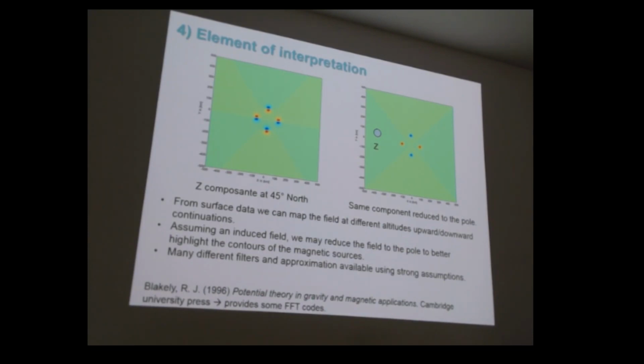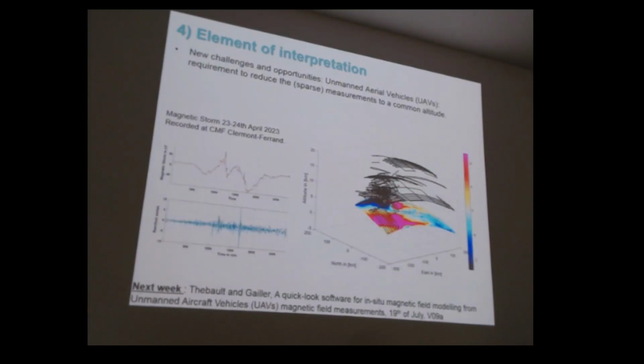But the thing is that it requires data at the same altitude on a homogeneous grid. So you need interpolation, Fourier transform, and reduction to the same altitude, something that people are almost never discussing. This is why I insisted on data processing, because otherwise you can find almost everything in the detail. Okay, there is a new challenge now.